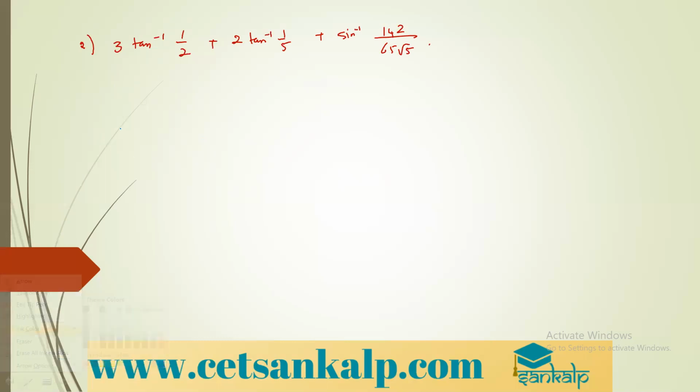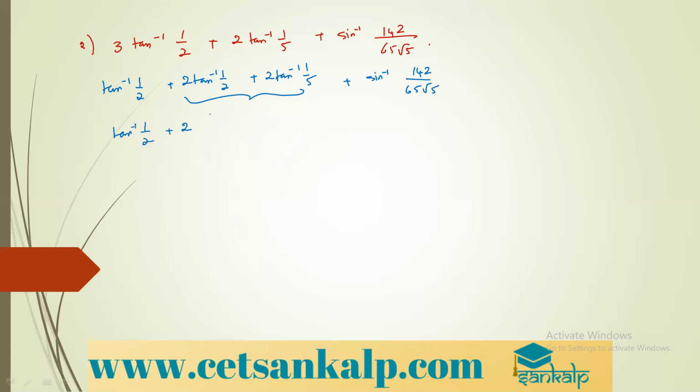So what I will do here is I will write tan inverse 1 by 2 and 2 tan inverse 1 by 2, then 2 tan inverse 1 by 5 and sine inverse 142 by 65 root 5. From these two, I can pull out 2 common. So left is tan inverse 1 by 2 plus 2 (tan inverse 1 by 2 plus tan inverse 1 by 5) plus sine inverse 142 by 65 root 5.